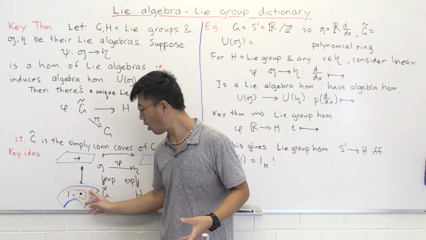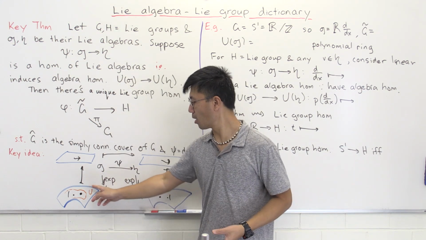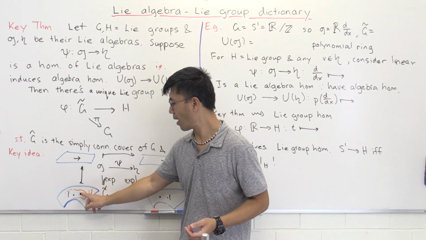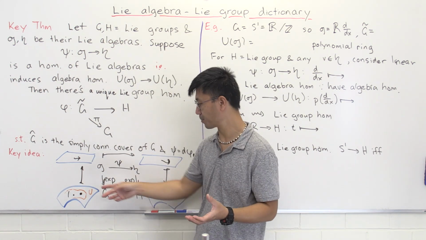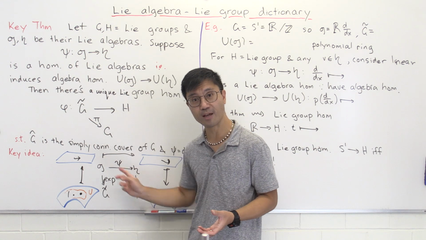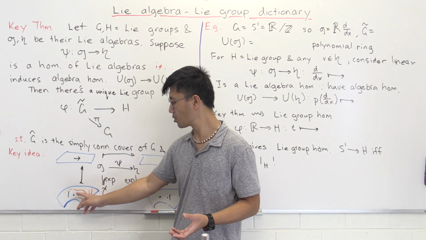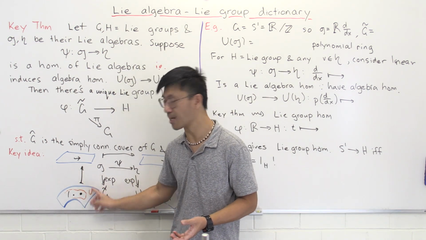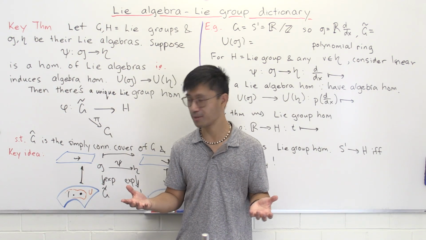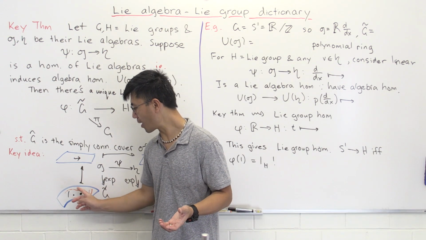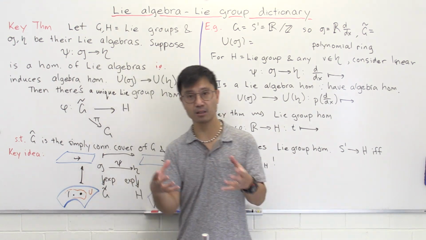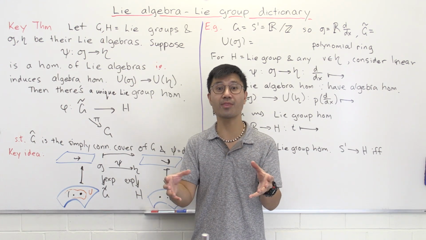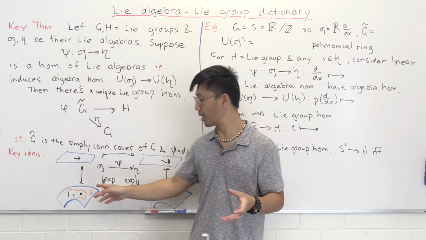So you can define it on the union of all of these. You can also define it on U inverse, because this has to preserve inverses. So you can define it on anything which is a product of elements inside U and their inverses. If you work out what that is, because U is an open set, and you look at the unions of all these products, it will turn out to be something that's both open and closed.